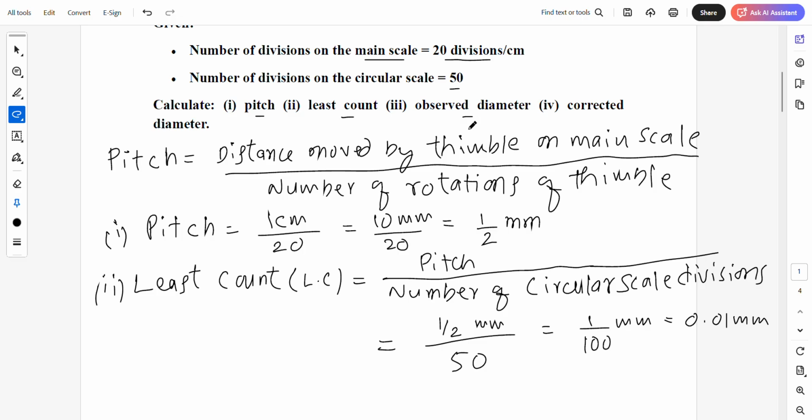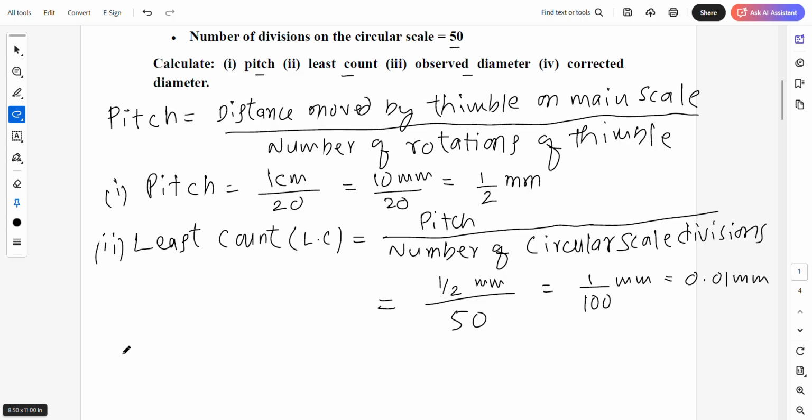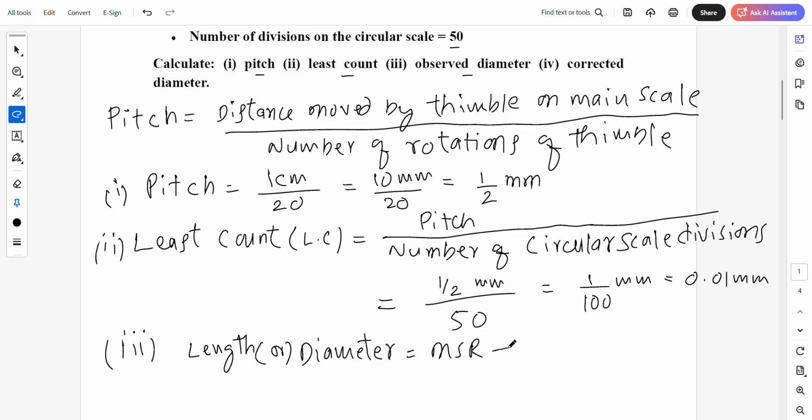Now for the third one, you have to calculate observed diameter. How is length or diameter measured? If you measure the diameter of a wire, this is the formula: length or diameter is equal to MSR, main scale reading, plus CSR, circular scale reading, into least count, plus or minus correction. This is the formula.